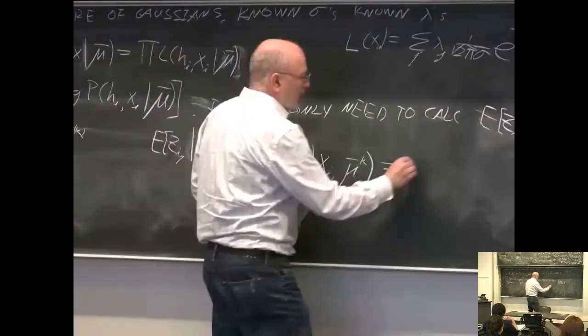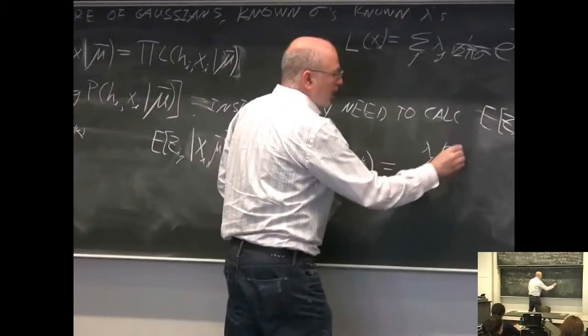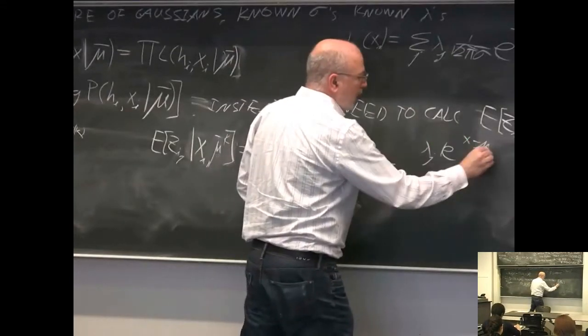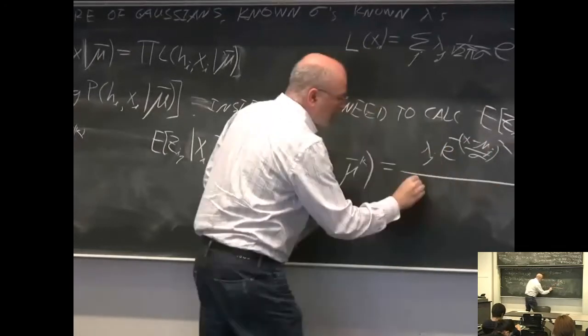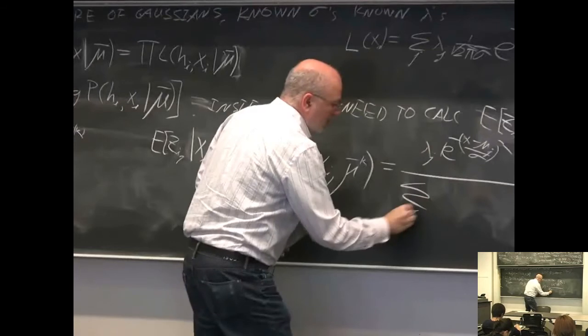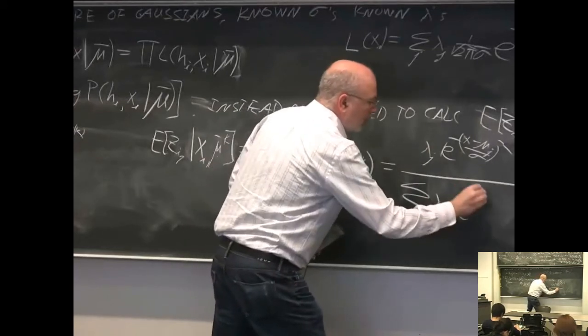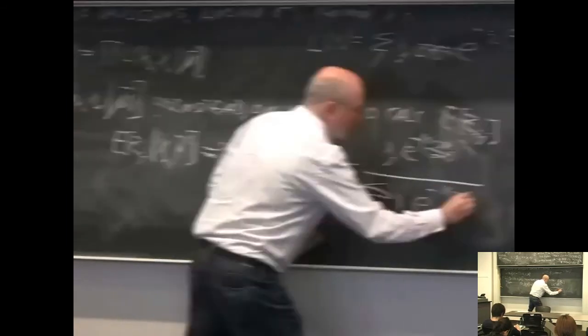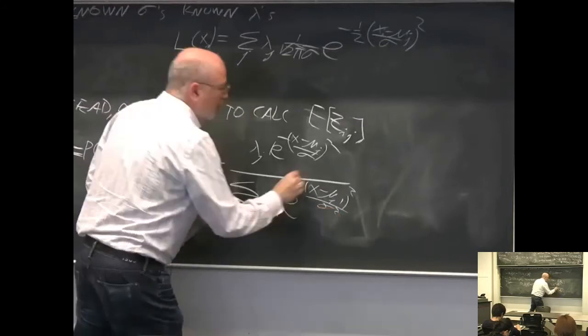To remind you, it's lambda j e to the negative (x minus mu j) squared over sigma squared, over the same thing summed over j prime, lambda j prime e to the negative (x minus mu j prime) squared over sigma squared.